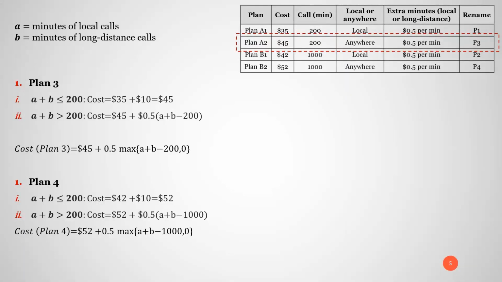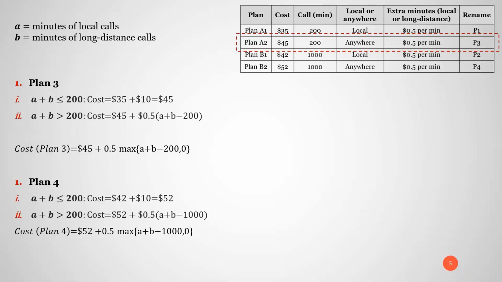So in plan 3, if A plus B is less than or equal to 200, which means the total minutes of talking anywhere, the cost equals $45 because we are not violating the limit of 200.